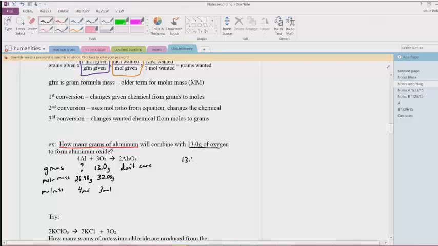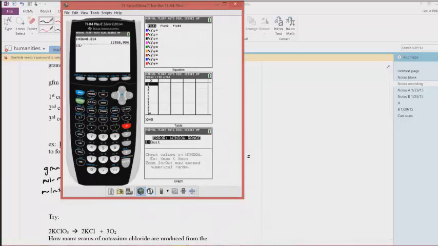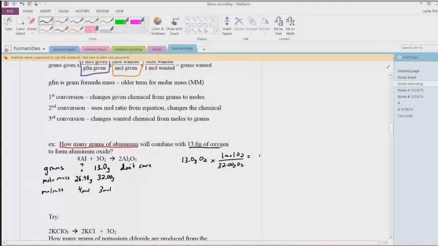So 13 grams of oxygen, convert it to moles. 0.40625.